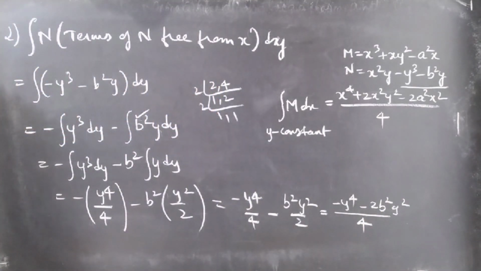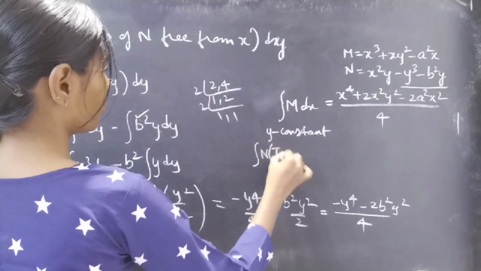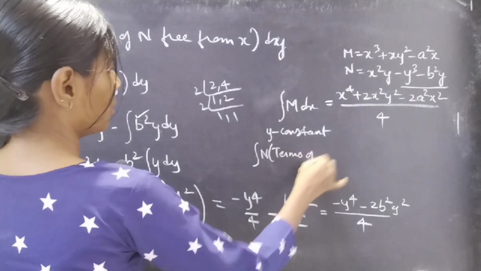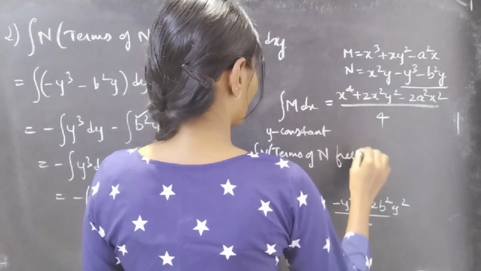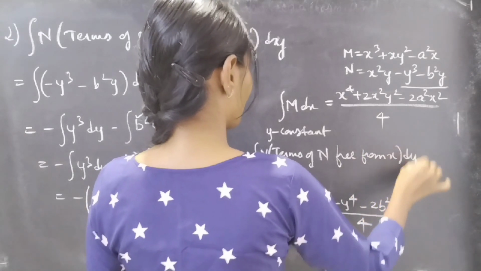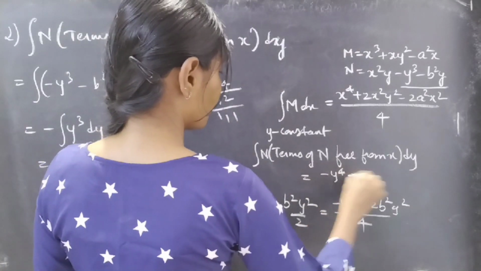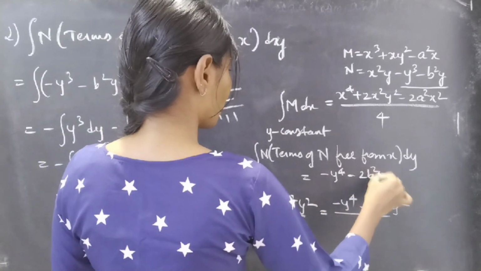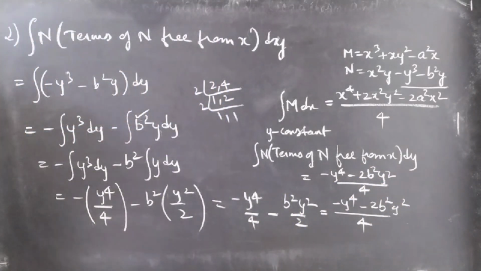Therefore, the integral of the terms of N free from x into dy is equal to minus y power 4 minus 2b square y square, all by 4.